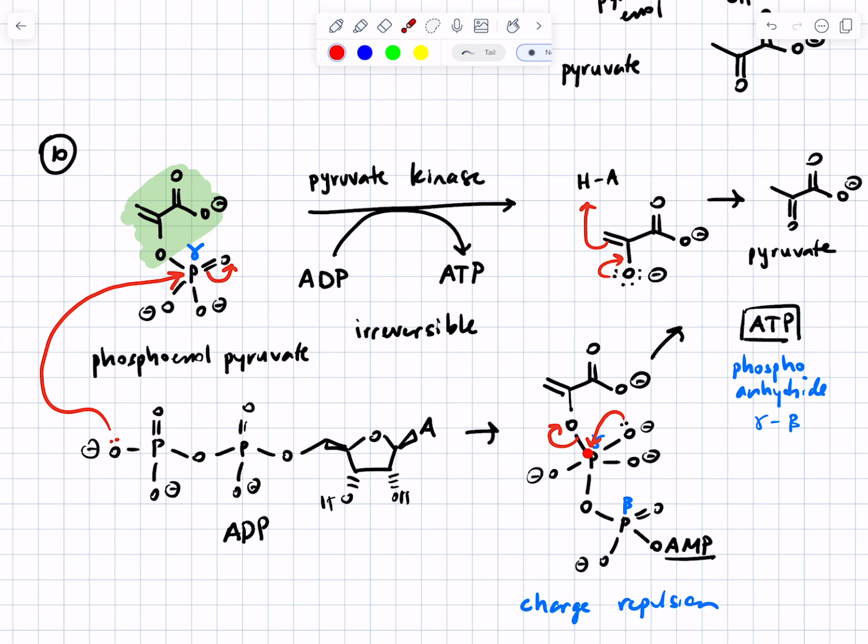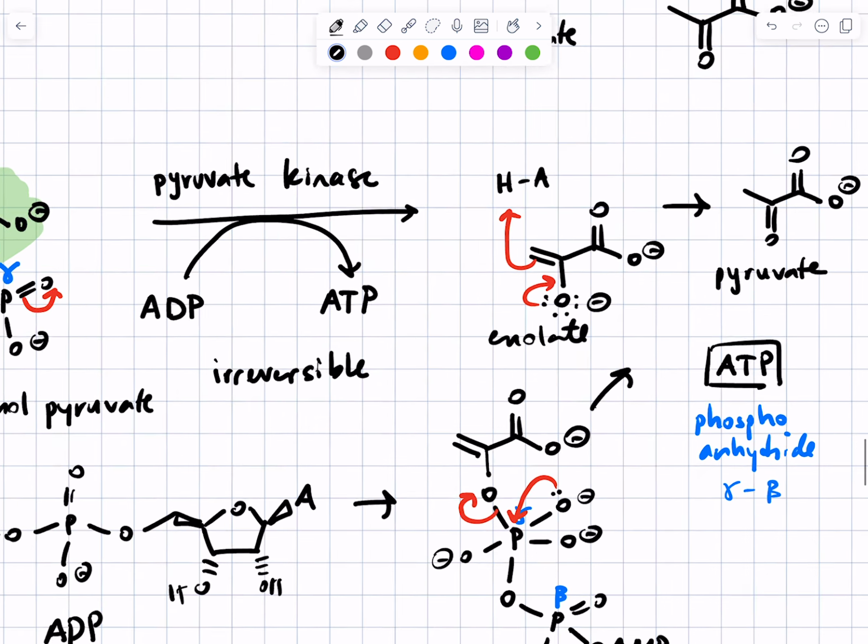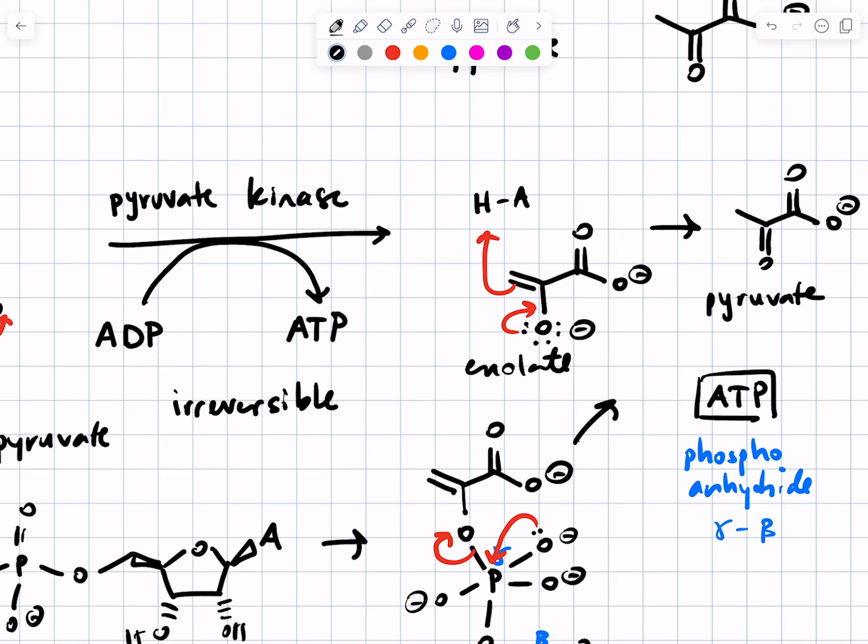When the electrons kick down and the leaving group leaves, that charge repulsion goes away. So that's one of the things that helps pay for making that phosphoanhydride bond. The second thing that pays for it is that the leaving group is an enolate, and it is downhill to go from the enolate or even the enol to the more stable keto form.